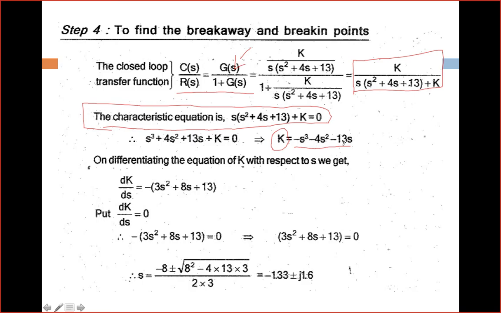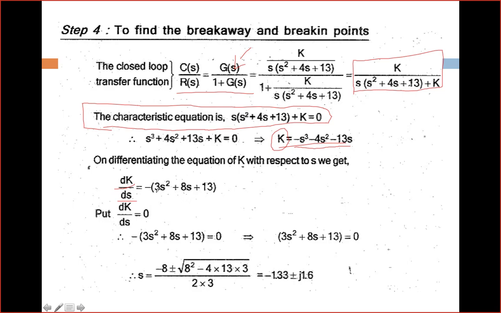So this is the first step. After that, you are going to differentiate this K equation with respect to s. We get dK/ds. Since there is a minus everywhere, you can take the minus outside. Differentiating s cube gives 3s square, plus 4 into 2, that is 8s, plus 13. Now equate this to 0.